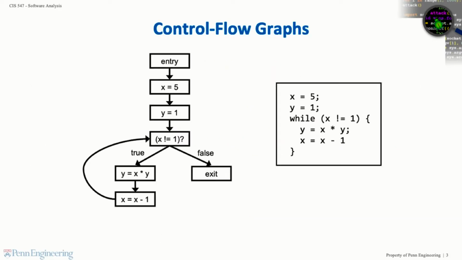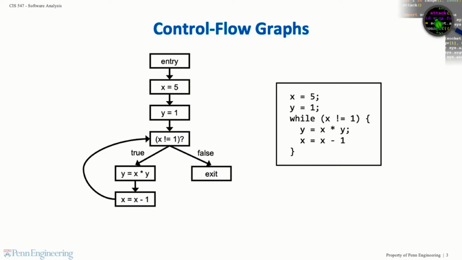Data flow analysis typically operates on a suitable intermediate representation of the program. One such representation shown here, which we also saw earlier in the course, is a control flow graph. A control flow graph is a directed graph that summarizes the flow of control in all possible runs of the program.